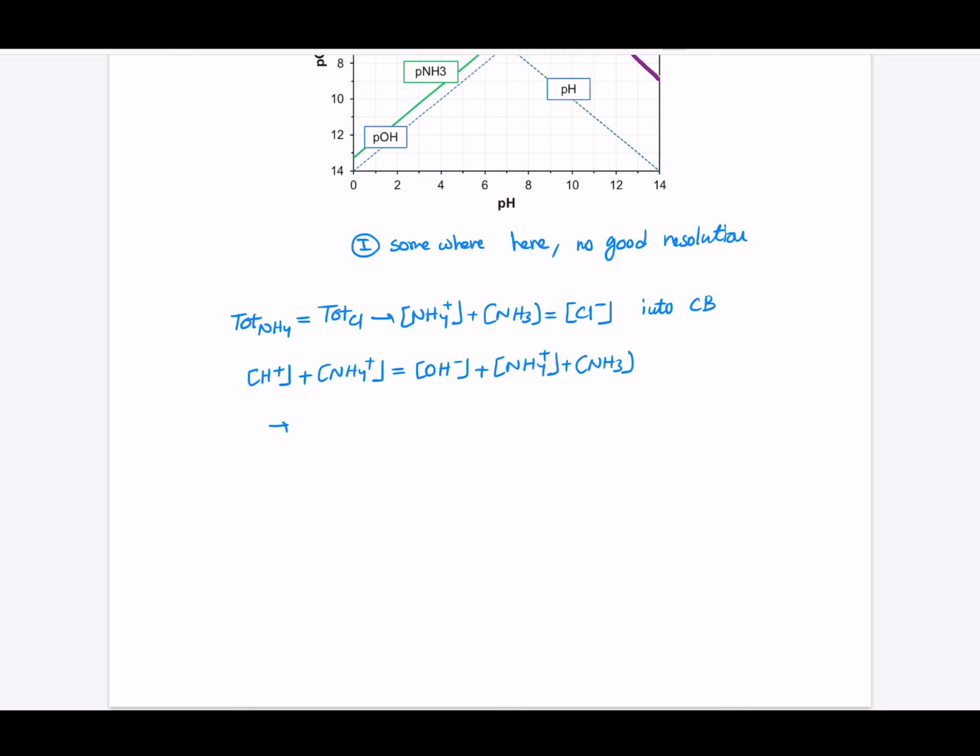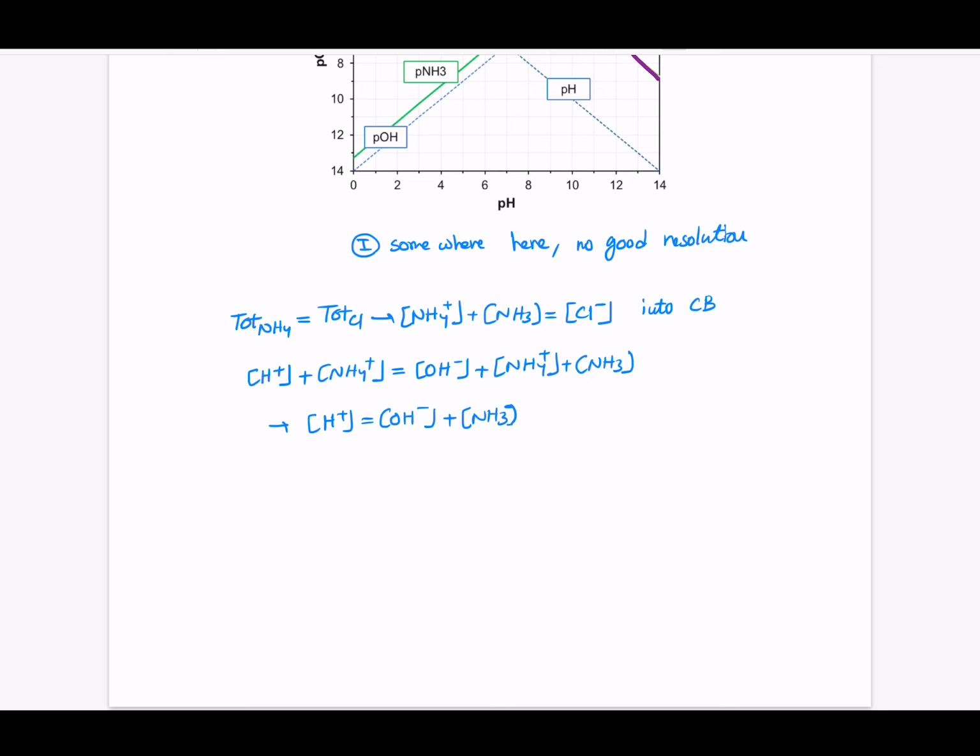Or to simplify it, basically the ammonium term will cancel. So we get 2 proton equal to hydroxide plus ammonia.